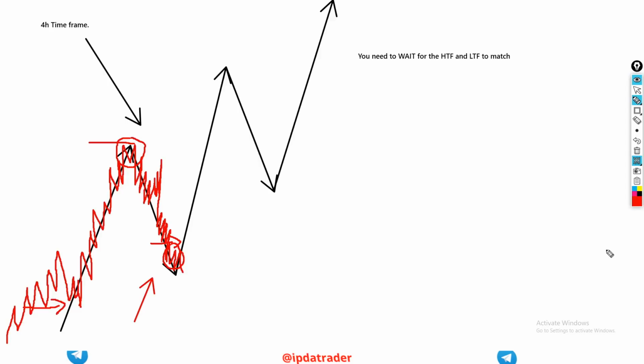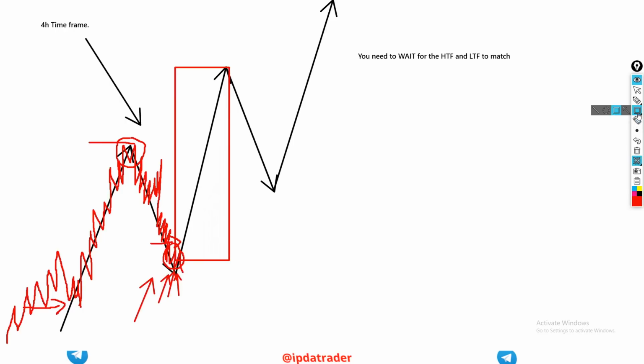Now, I don't want you to stress about the idea of trying to catch the very bottom of the retracement, right? Because there's plenty of opportunity to make your money within the expansion, right? You don't need to worry or stress about the idea of catching the very bottom. This was just to illustrate the principle that you need to keep in mind when looking at structure, yes?